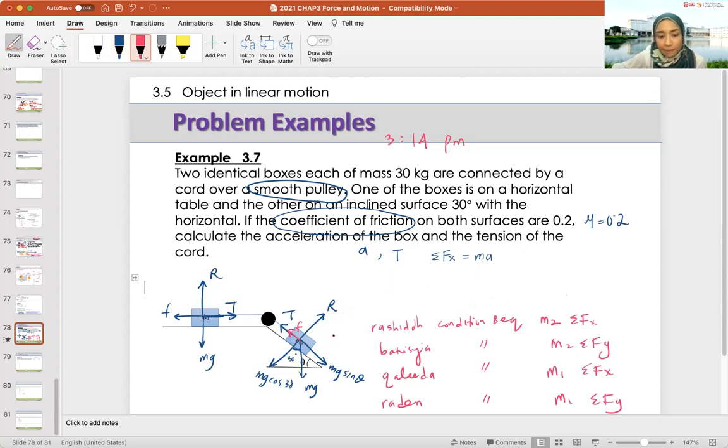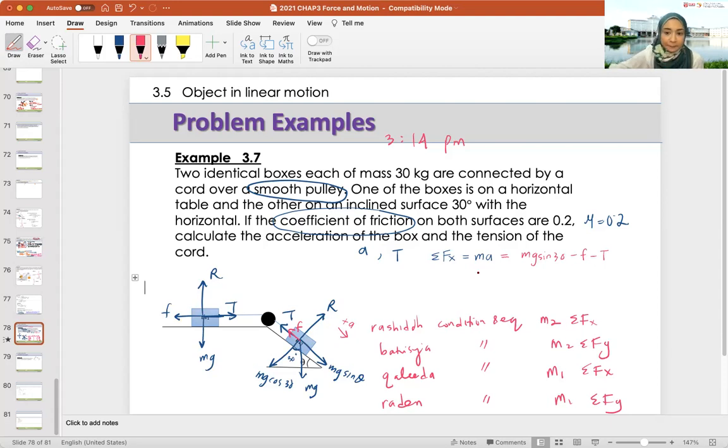Ke kanan. Okay, so this is your positive A. Alright. So next, what is your equation? Mg sin 30 minus F minus T. Okay, thank you. Good.